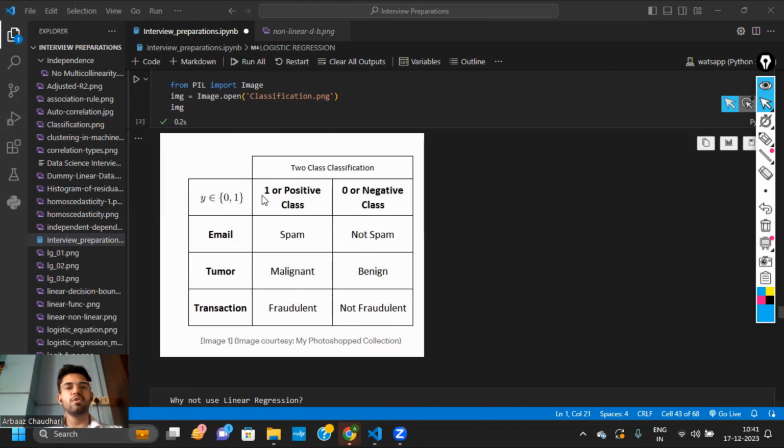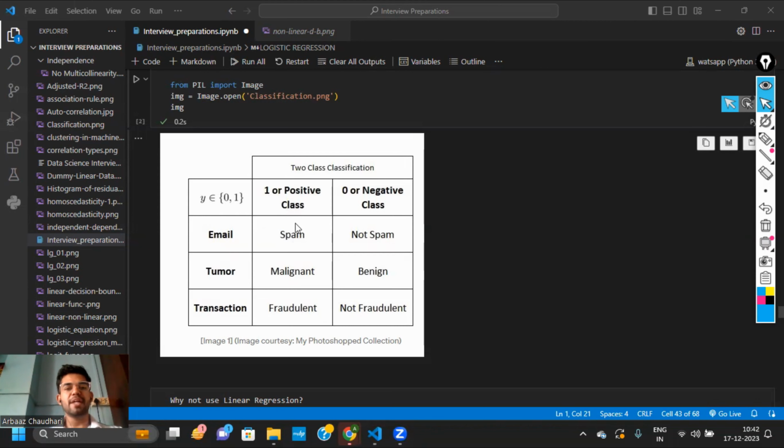While building the model and writing code, you have to change these labels into numbers, because the model can't understand words. A machine only understands numbers, so we have to change these words into numerical form. You can give any number here.